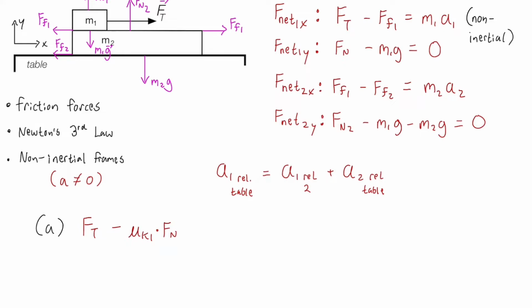That's always the definition of friction force: the friction coefficient times the normal force. Heavier objects with the same friction coefficient have a greater friction force. Heavy objects with a very small friction coefficient, so really smooth surfaces, would have a smaller friction force. So it's always the multiplication of those two variables. And then that's simply going to equal m1a1.